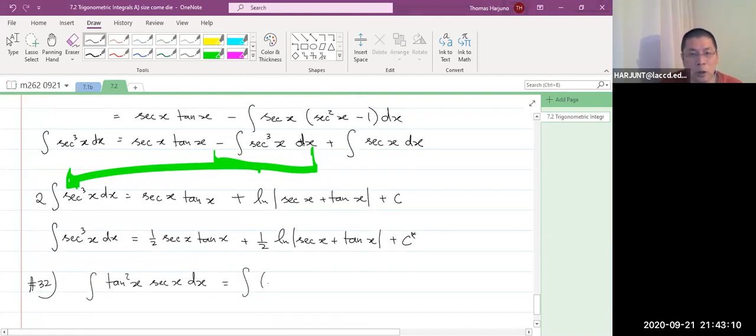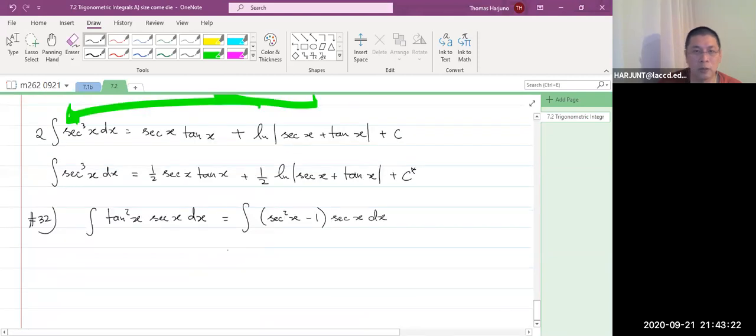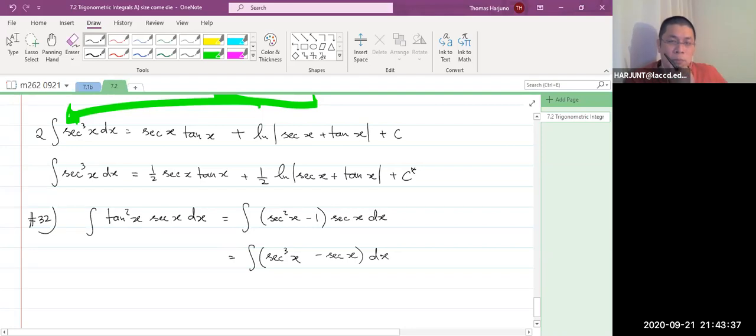It's integral of secant squared x minus 1 for the tangent squared x, and then secant x dx stays outside. Now this becomes integral of secant cube x minus secant x dx. You can integrate them one by one right now using formula number 3 and formula number 2.